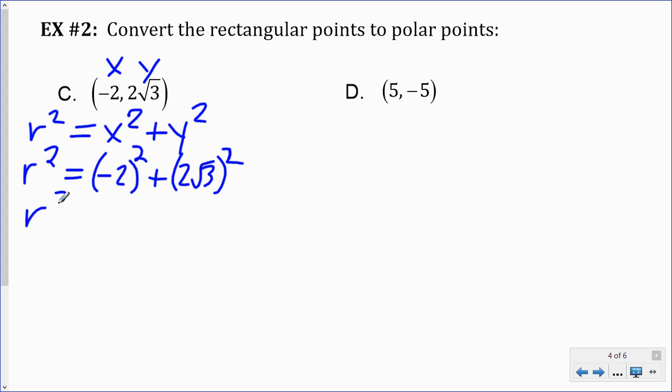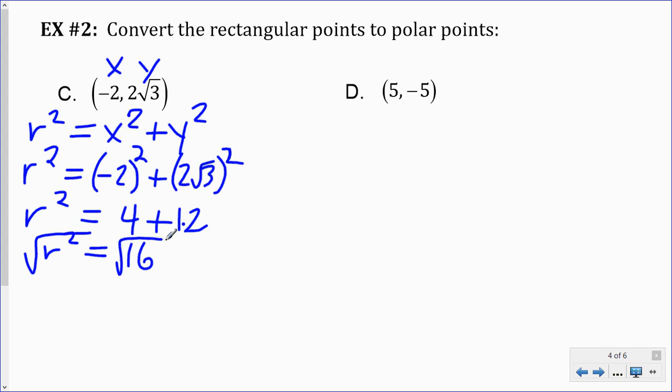Okay, so we'll get r squared equals 4 plus, well, 2 square root of 3 squared would become 4 times 3, which equals 12. So we get r squared equals 16. And then we're going to square root both sides, and so we're going to end up with r equals 4.